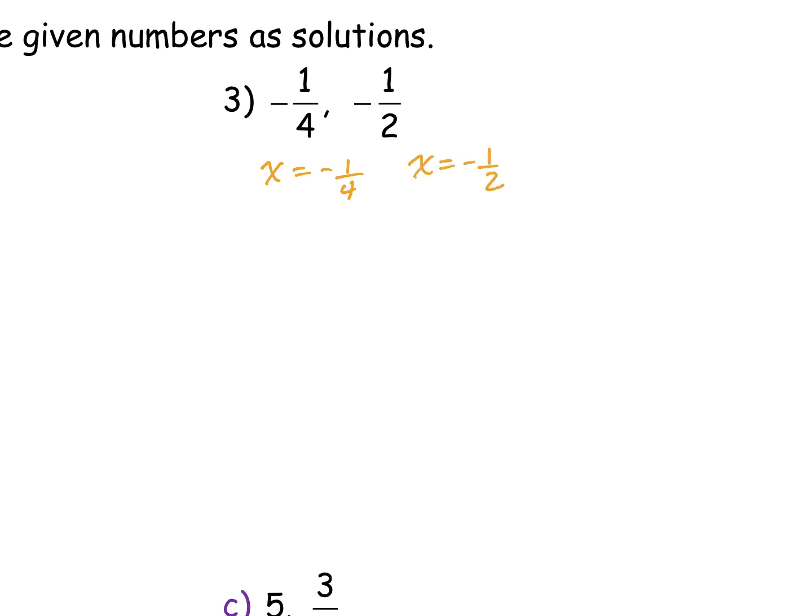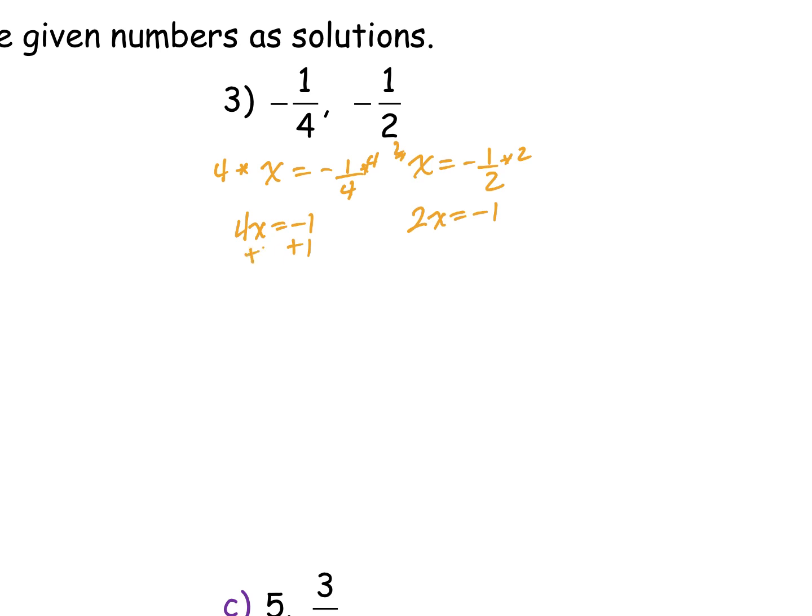Well, how do I get rid of fractions? Multiply by the denominator, right? So I'm going to multiply both sides by 4, and then multiply by 2, right? So that I end up with 4x equals -1, and 2x equals -1.